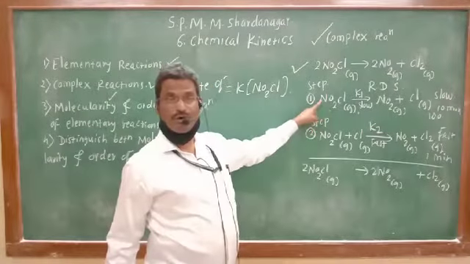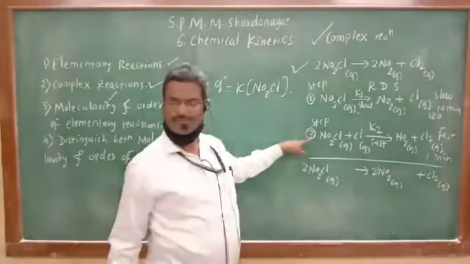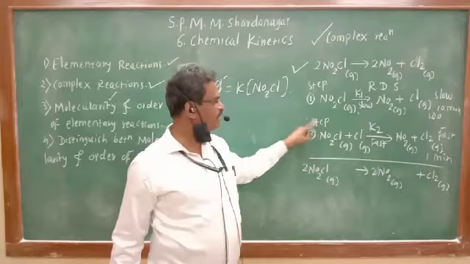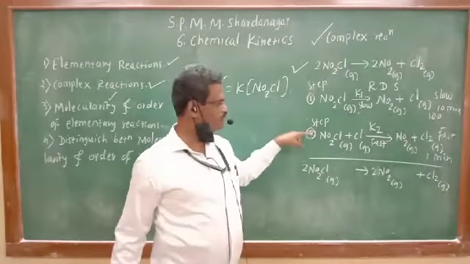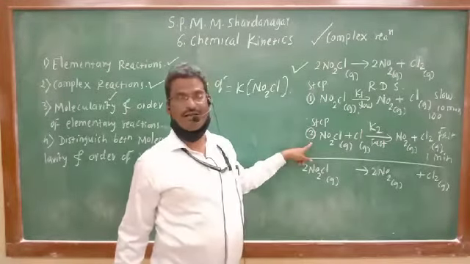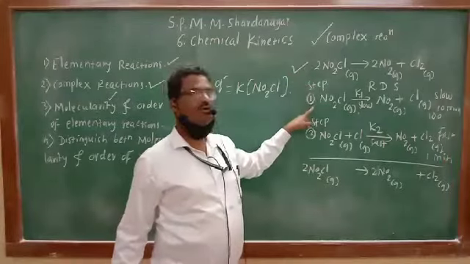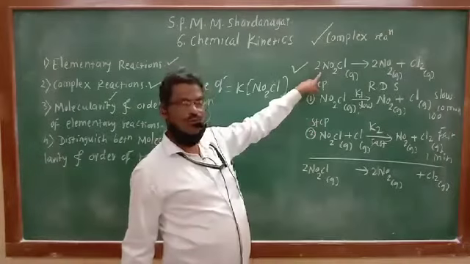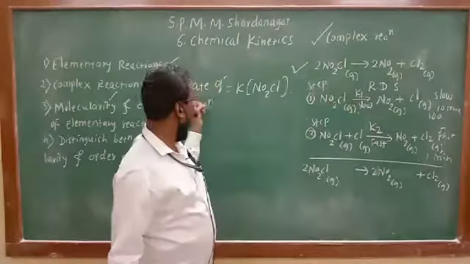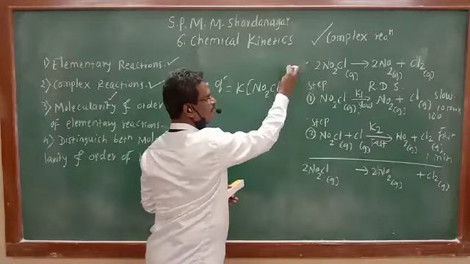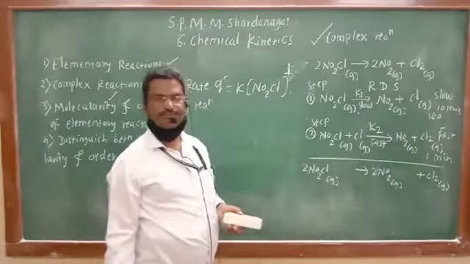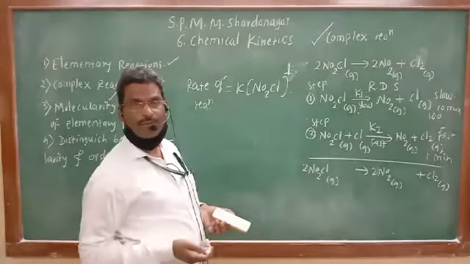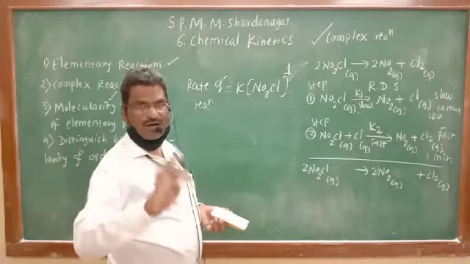How many molecules? 1 molecule. The rate of this reaction does not depend on the second elementary reaction. It depends on only the first elementary reaction. Therefore, molecularity is 2 overall, but order of reaction here is 1. So, for complex reaction, molecularity and order are different.